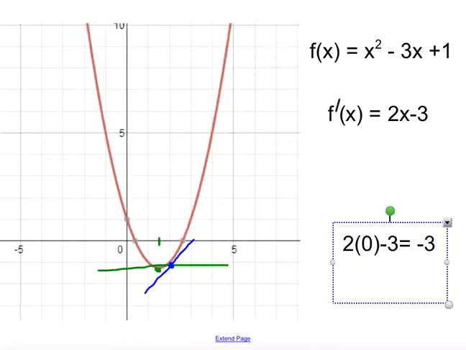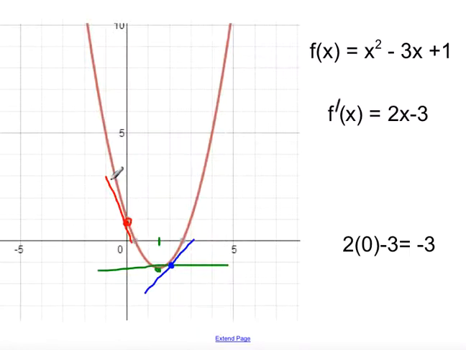So if I take this right here, I draw the tangent line right here, visually you can see that this has a slope of negative 3, down 3 over 1, down 3 over 1. So this right here, f prime of x equals 2x minus 3, can help us find the slope of the tangent line at any x value.